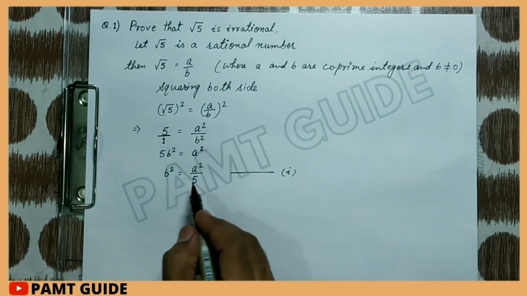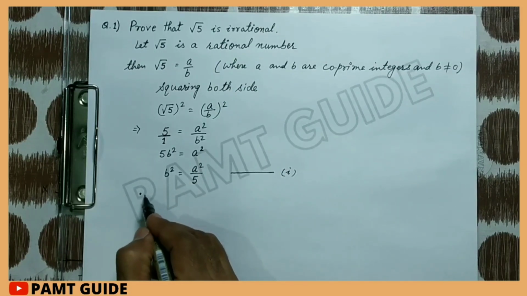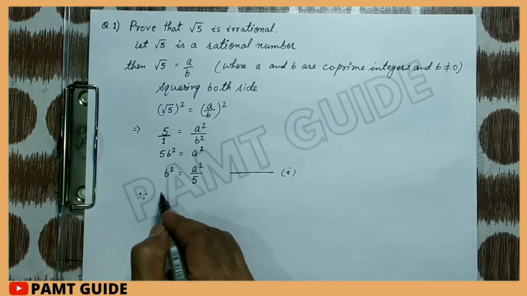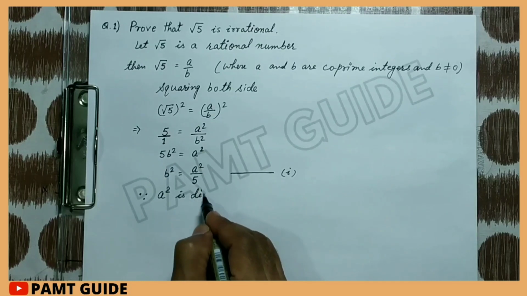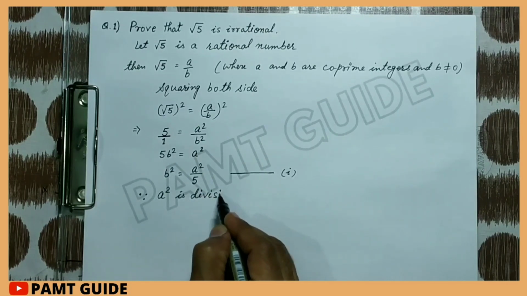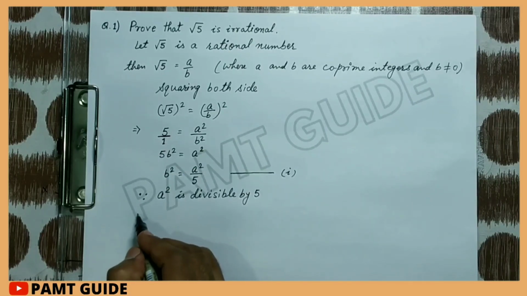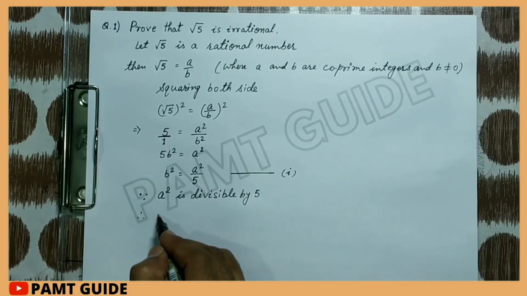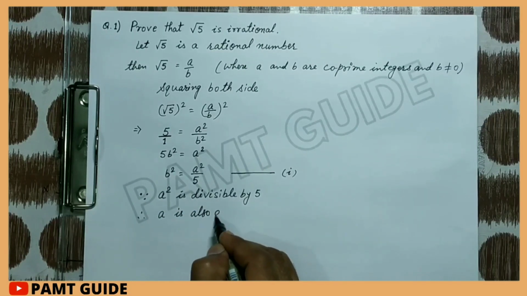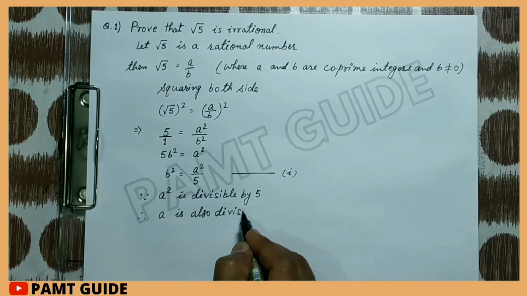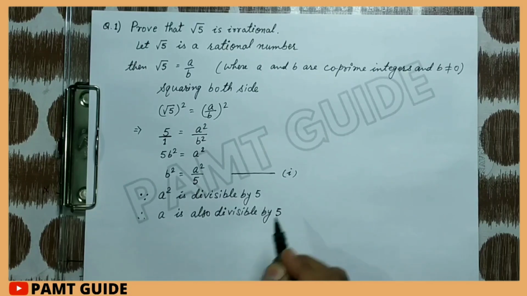We are seeing that 5 is dividing a square, so we write: since a square is divisible by 5, therefore a is also divisible by 5.